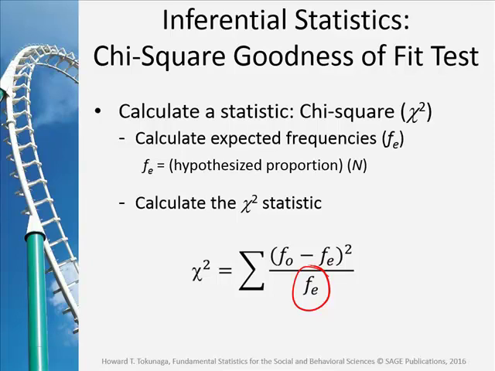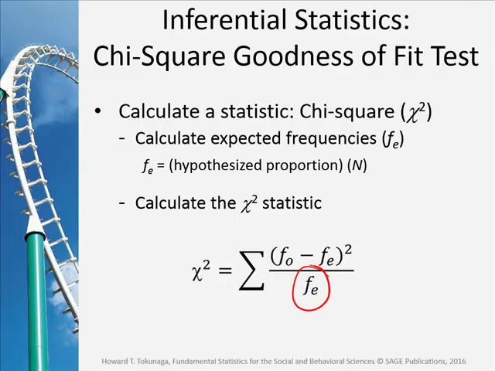It's not an x. It's a chi. C-H-I. It's the Greek letter. Chi, and you can tell it's a chi because it's got a squiggly to it.